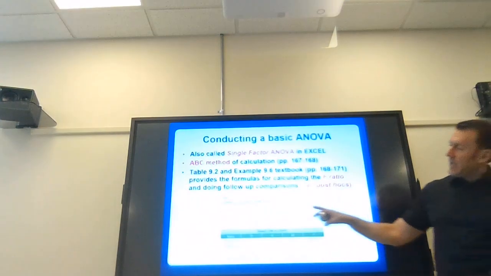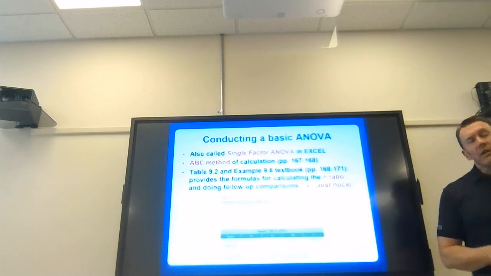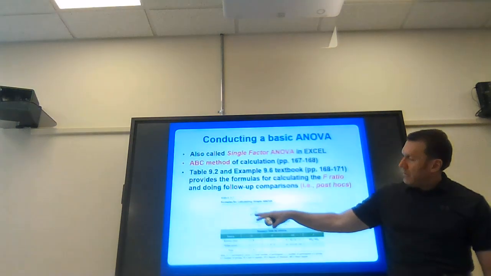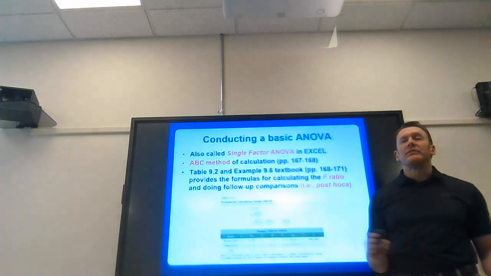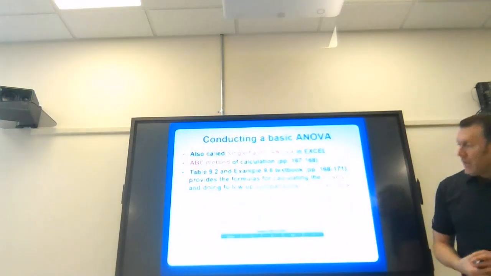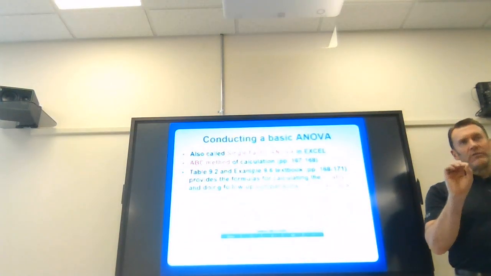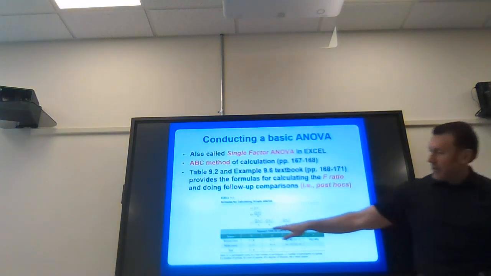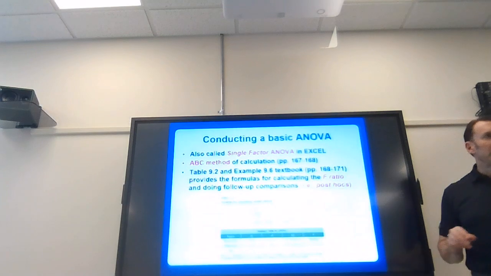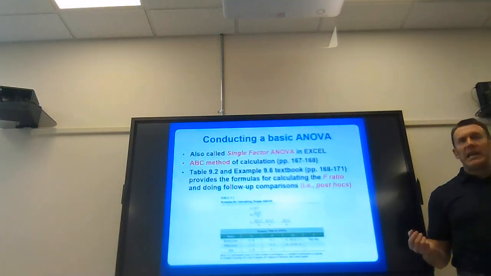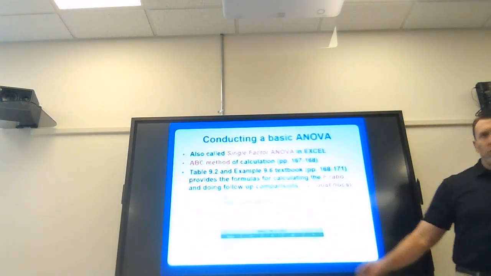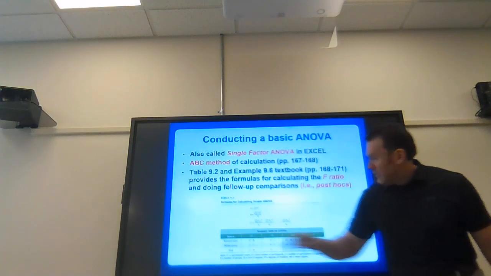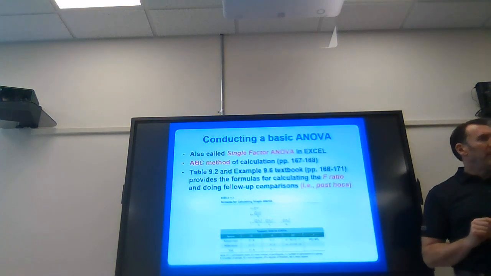Table 9.2 in your textbook takes you through all of these steps, and it takes a long time. Now, look at the table that you have in front of you, and compare it to how this table looks right here. You see that the columns are pretty much the same, and the rows are labeled the same, right?